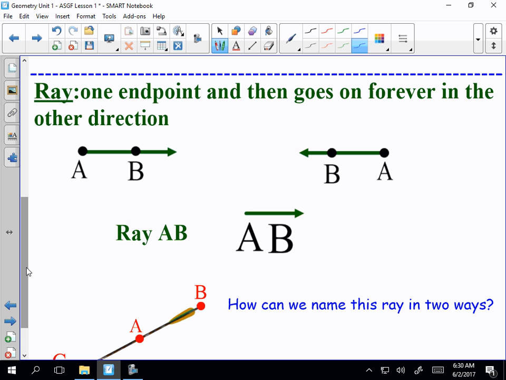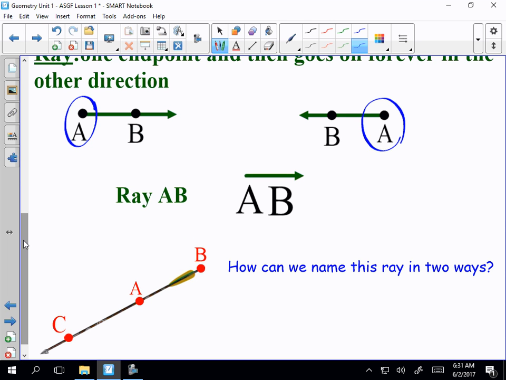Our next term that we have is a ray. A ray has a specific starting point and then a direction that it goes in. When we look at these two rays, they both start with A and they go in the direction of B. Now, I could put another point out here as well, and this could be ray AC also.